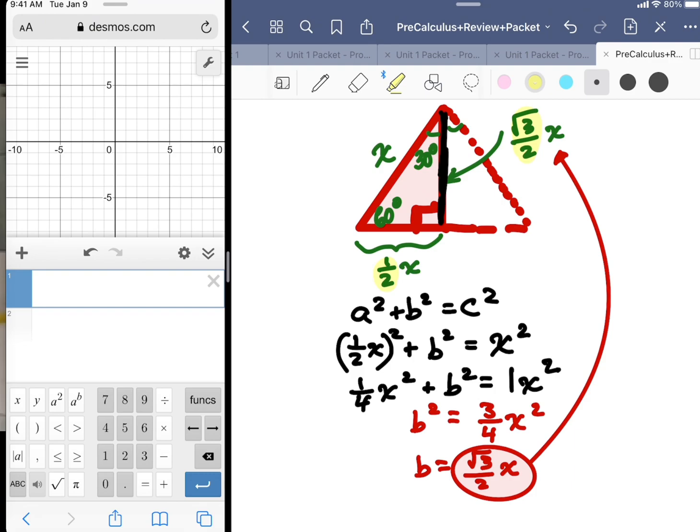So what that gives us is a relationship in any 30, 60, 90 right triangle. If the hypotenuse is equal to 1, the side opposite the 30-degree angle is going to be equal to 1/2. The side opposite the 60-degree angle is going to be equal to radical 3 over 2.